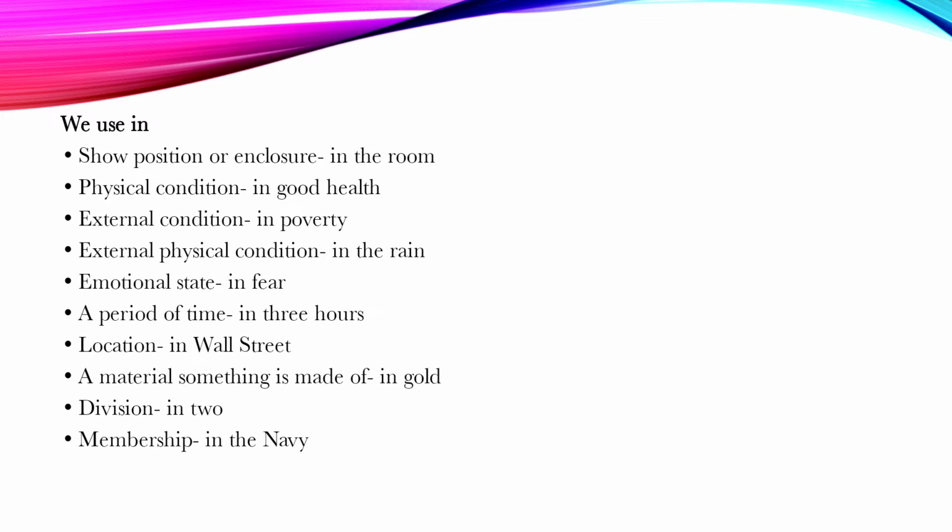And an external physical condition. What is the difference between external condition and external physical condition? External condition is a state and it is visible in some way, but in a physical condition, we can feel it. In the rain. That is an external physical condition.